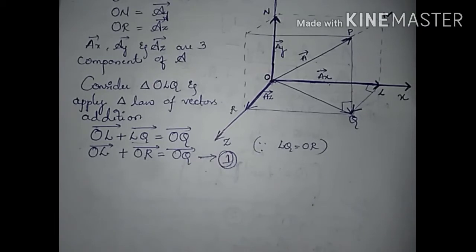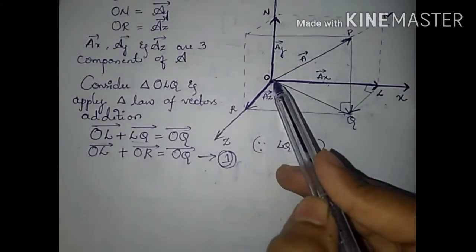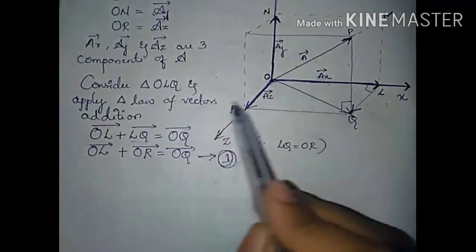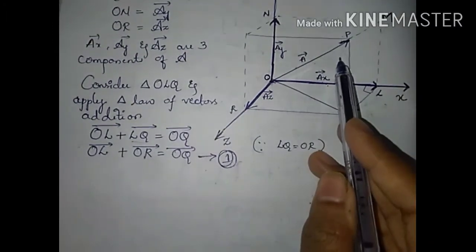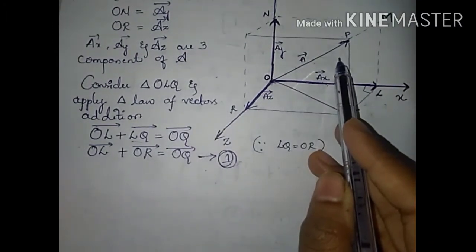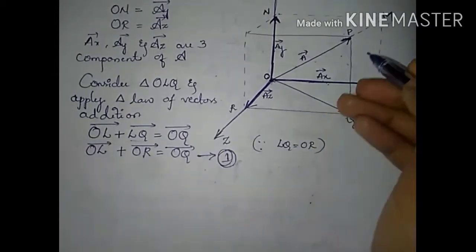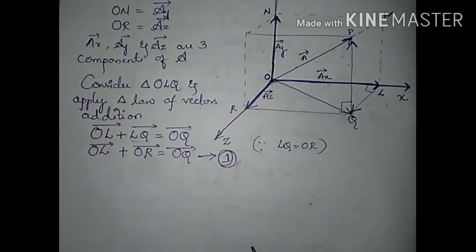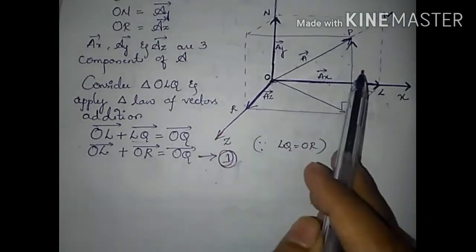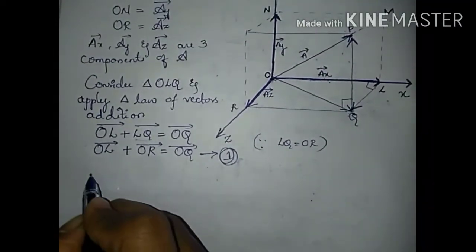Now let us consider another triangle OQP. From the first condition we got OQ, and we know OP. Now what we have to find is OP again from the diagram. See, this here is the vector, and this vector is parallel to this y-axis.